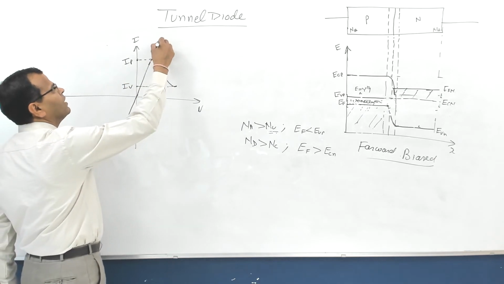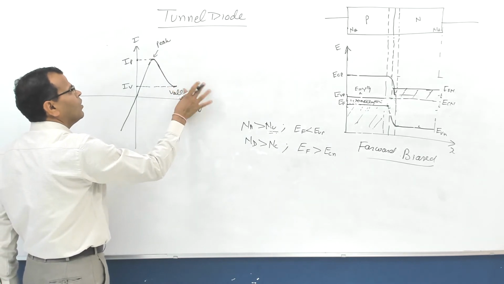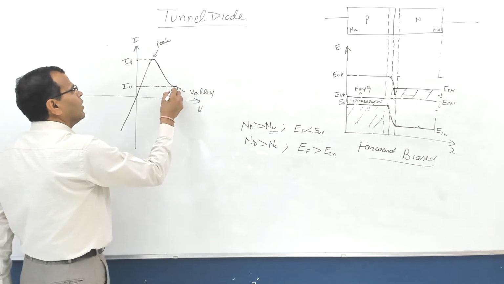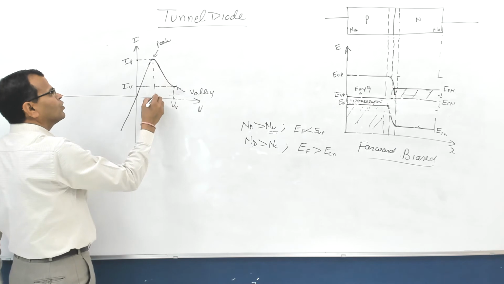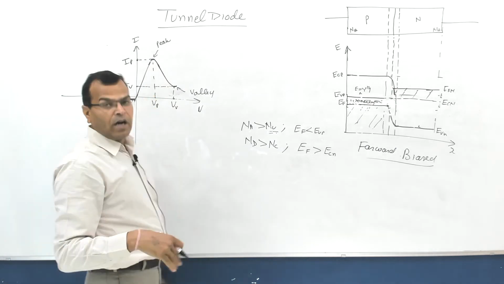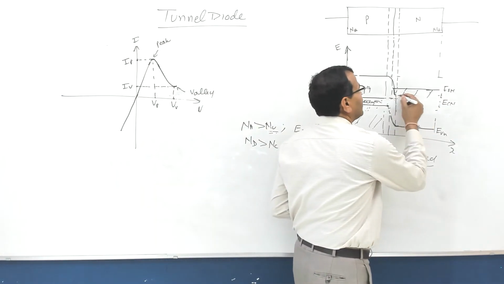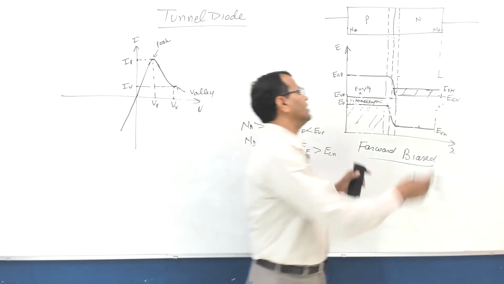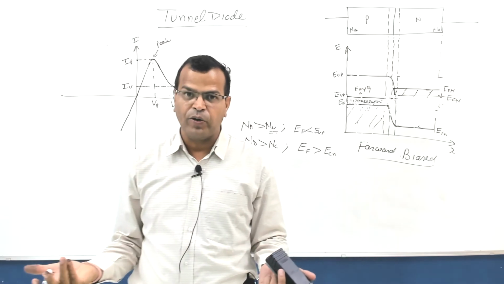This is the peak, and this is called the valley point. Voltage corresponding to this is called VV. Voltage corresponding to the peak is known as peak voltage, and after this, the lowest level of the conduction band is above the highest level of the valence band on P side. This is the case of a normal PN junction diode.